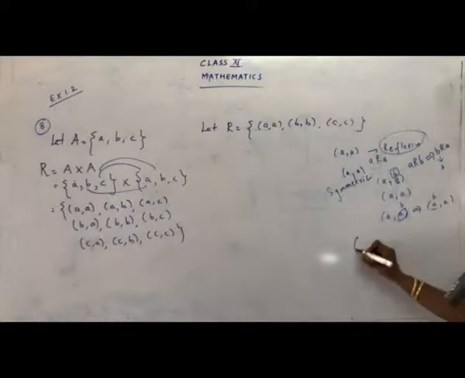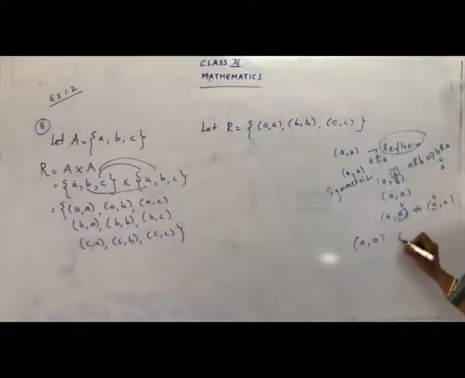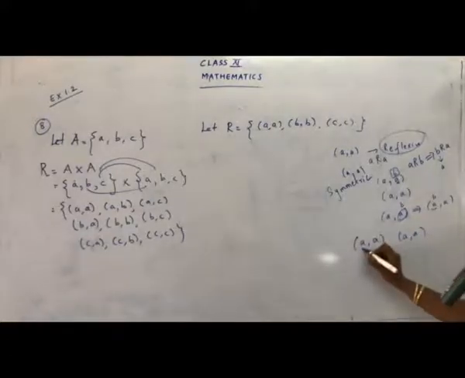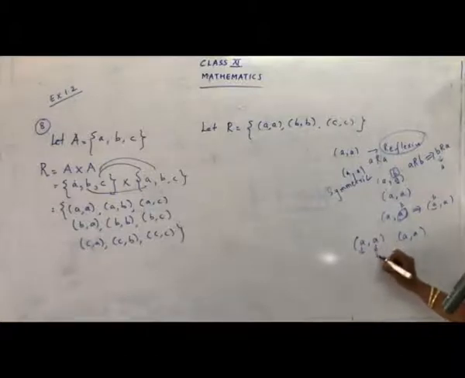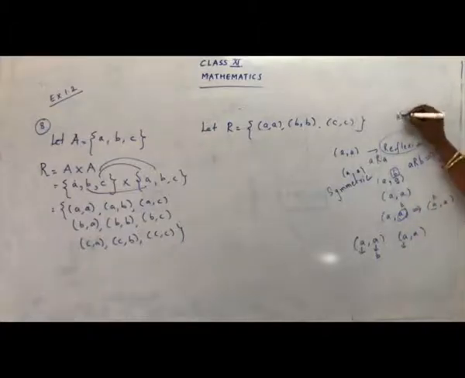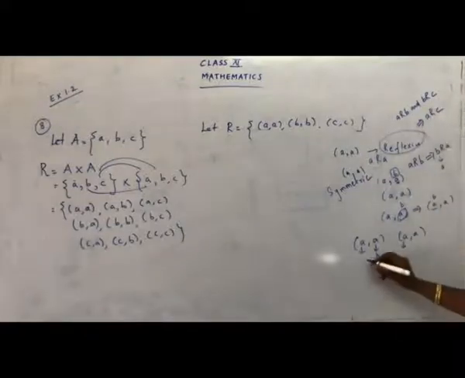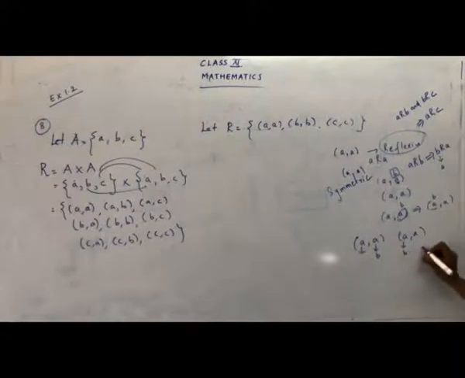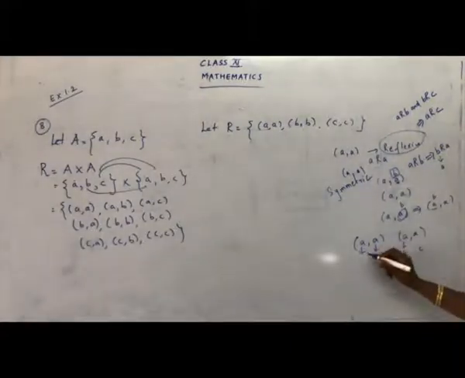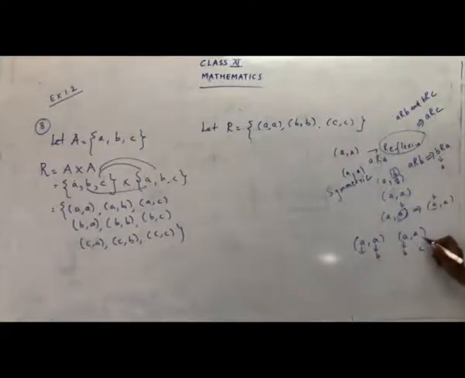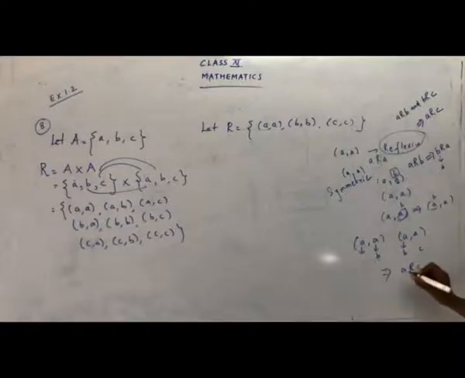Now for transitive, you can take the same pair, AA, AA. So this is A, you can imagine this as B, and you can imagine this as C. What is the definition? A related to B and B related to C implies A related to C. So A, B, B, C. What is A and C?